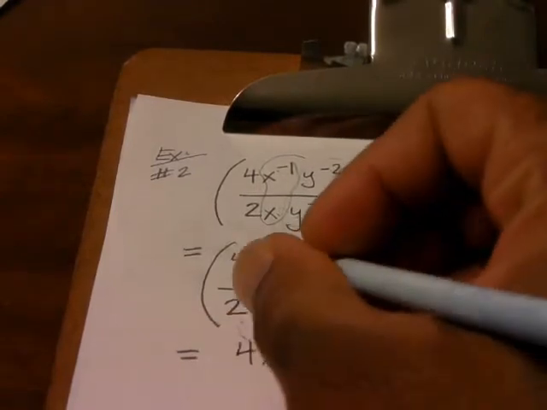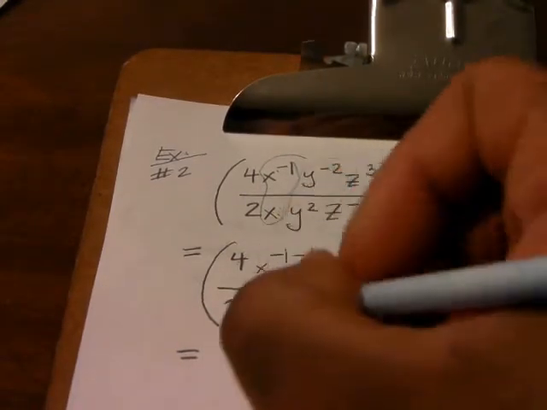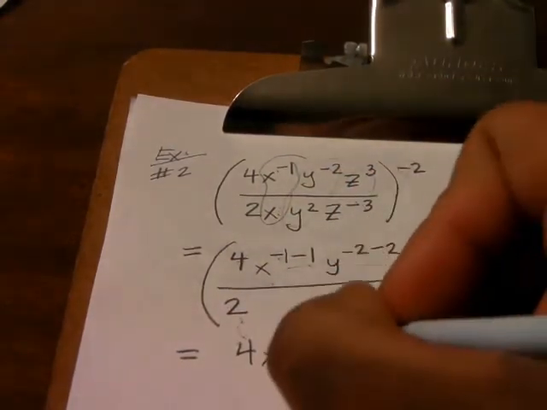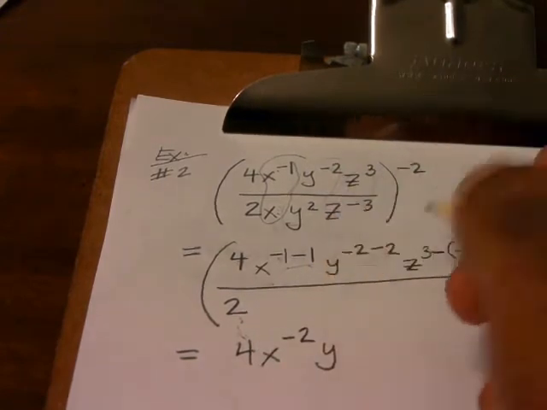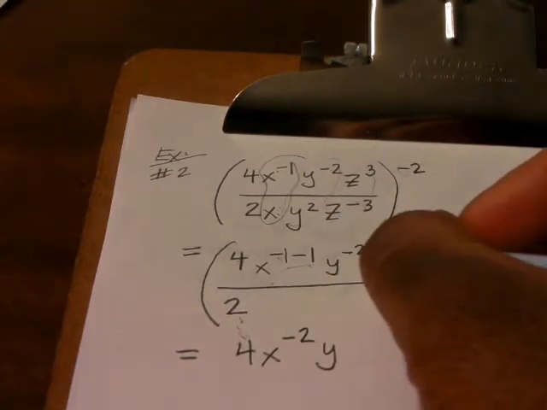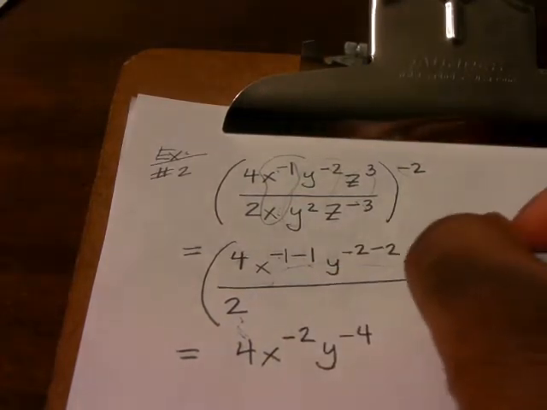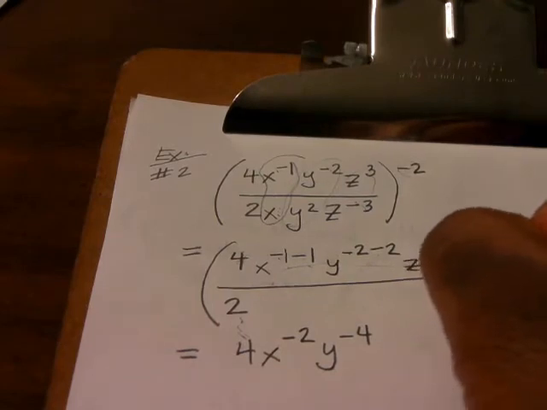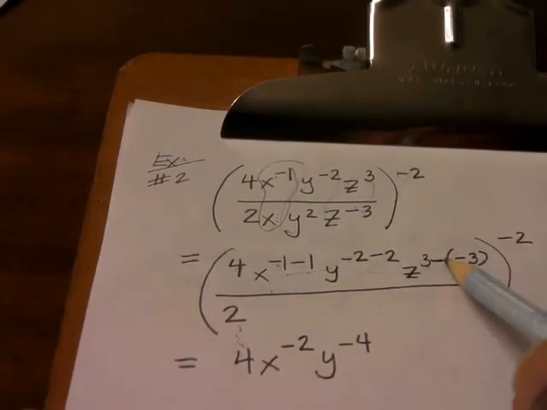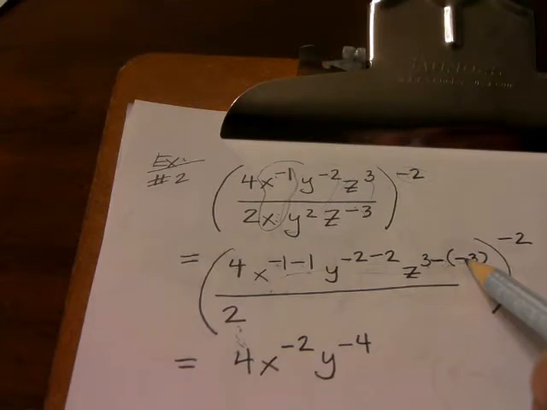So we have X, -1 minus 1 will give you a -2. Y, -2 minus a -2 will give you a -4. And then 3 minus a -3, when you have a negative times a negative, you have a positive.